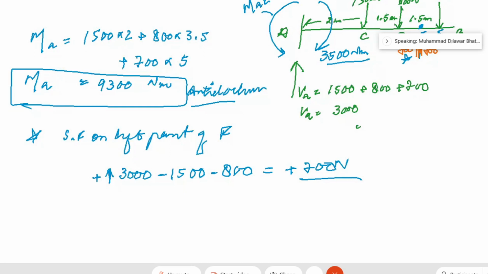We have to see what happens with the bending moment at point, let's say F. Now what is actually bending moment?